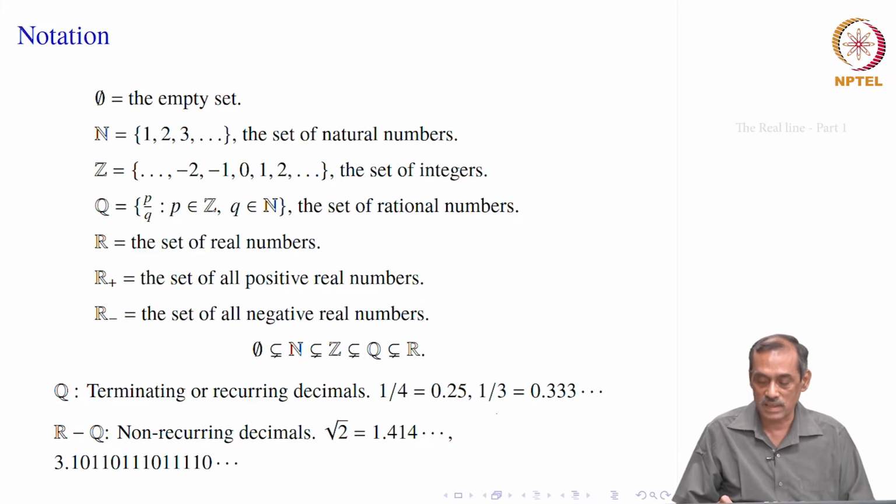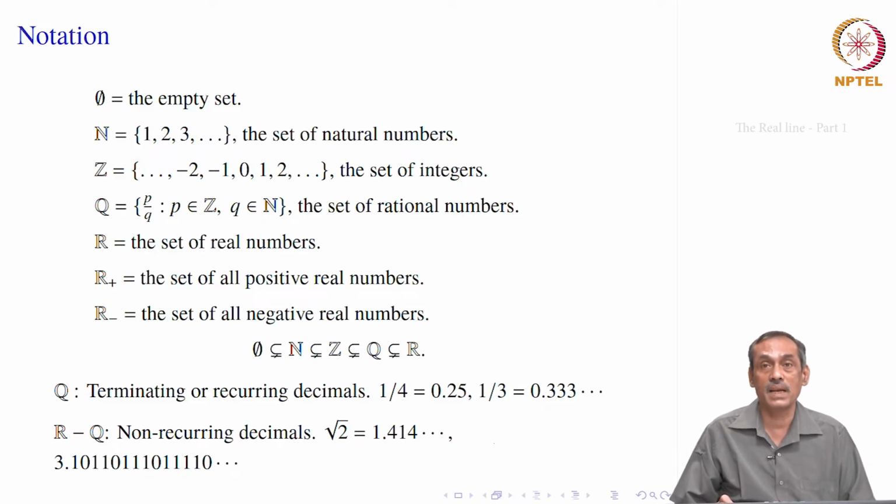But if you take 1 by 3, which is 0.333, the digit 3 is repeated infinitely often. So, it is called a recurring decimal, where 1 or some finite number of digits get repeated. That is the set of rational numbers. Each rational number can be written as a terminating decimal or as a recurring decimal.